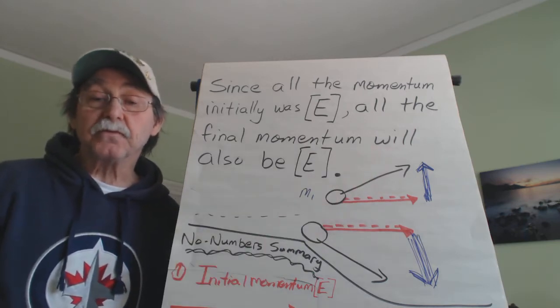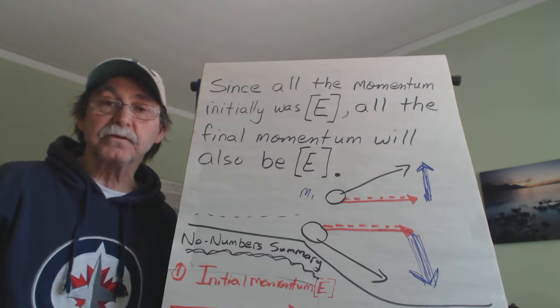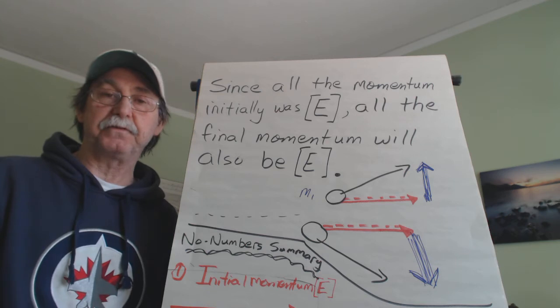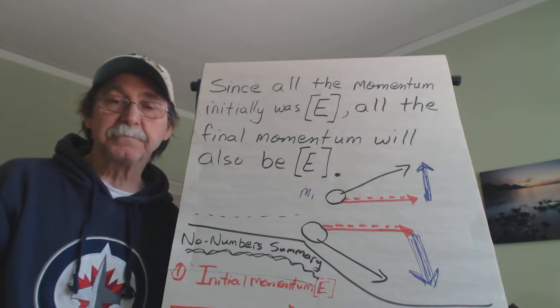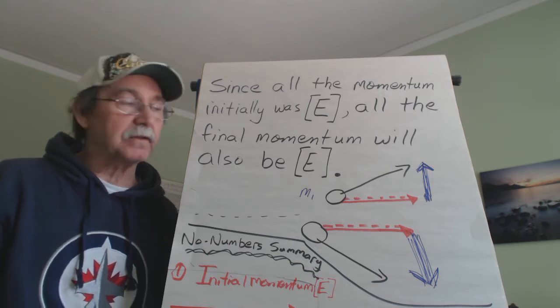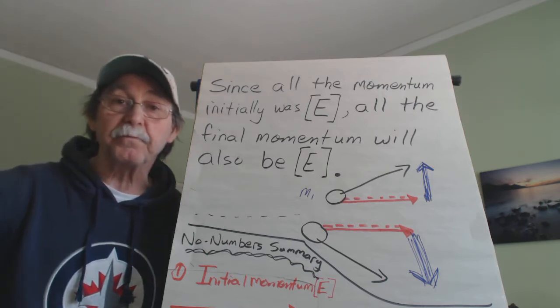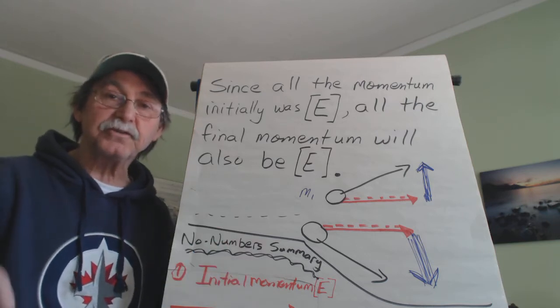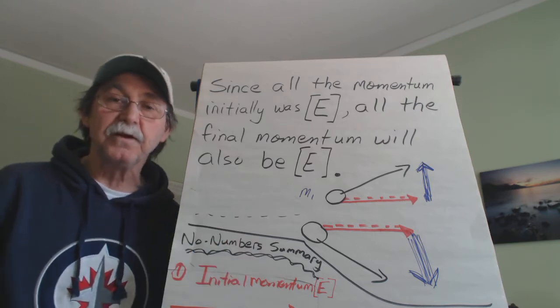I also promised that I would do this with no numbers, so I'm going to give you the no numbers physics behind it. And hopefully you like that. Once I give that, I will challenge you with giving you one value.